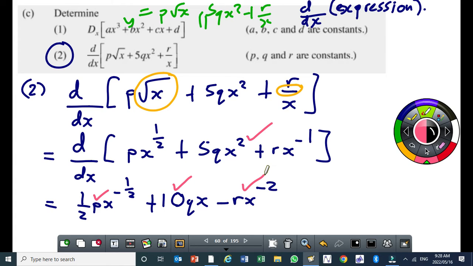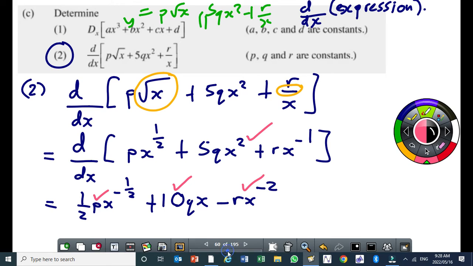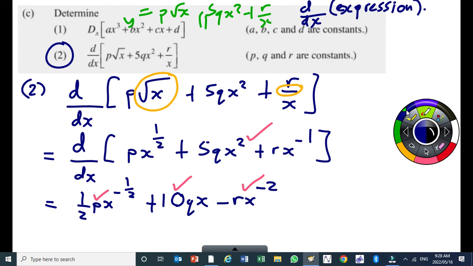And so, for this one, half px to negative half, can you put it as 1 over 2, p over the square root of x? Yes. What you are saying is, if I convert the negative exponent to positive, this is going to become p divided by 2 root of x. Right? That one remains as it is, 10 times qx.